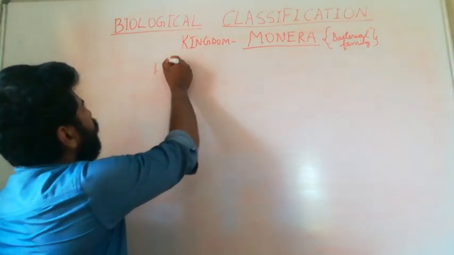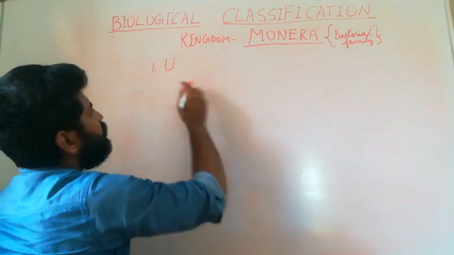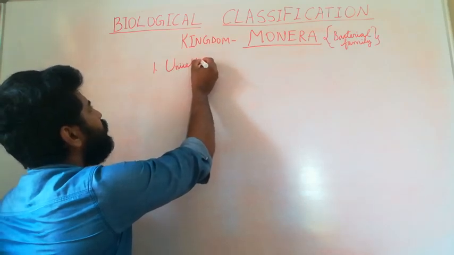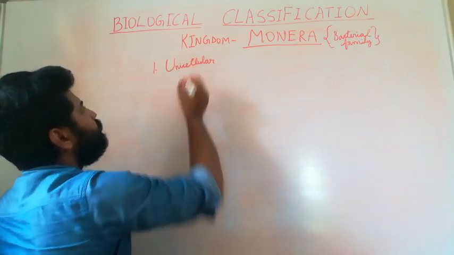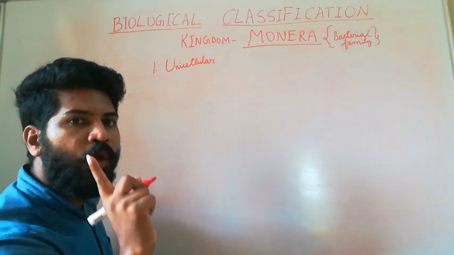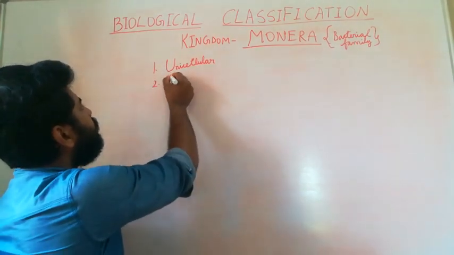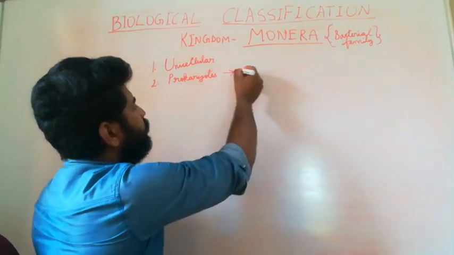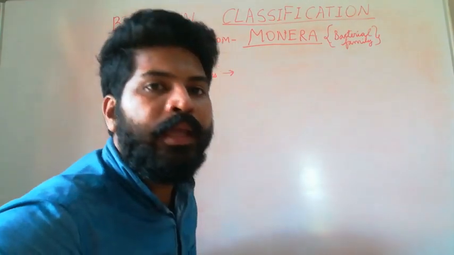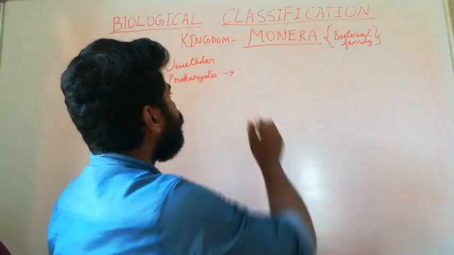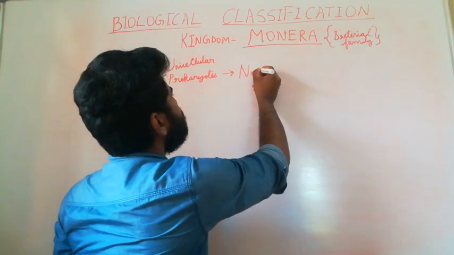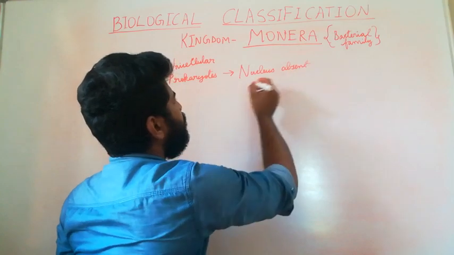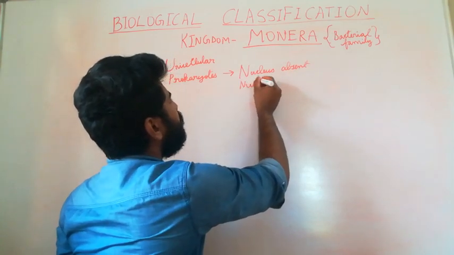Number 1, all organisms present in kingdom Monera are unicellular. They have a single cell only, and they do not have a well organized nucleus. Nucleus is absent.